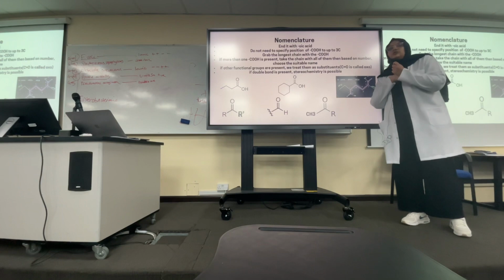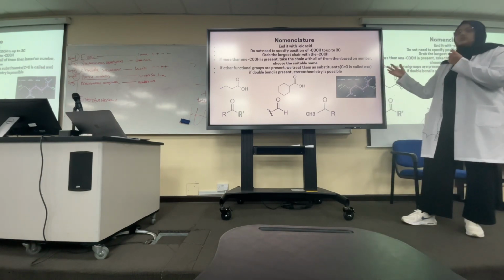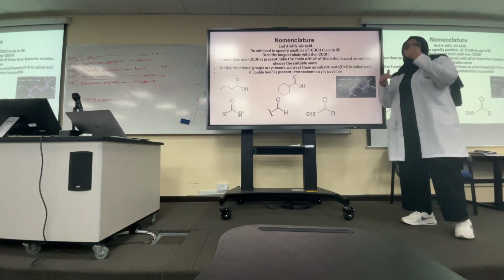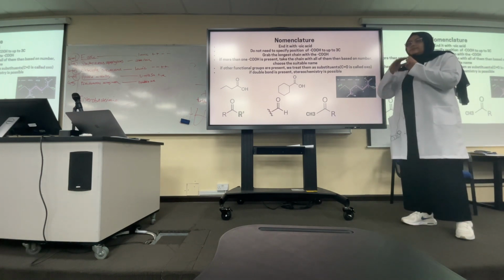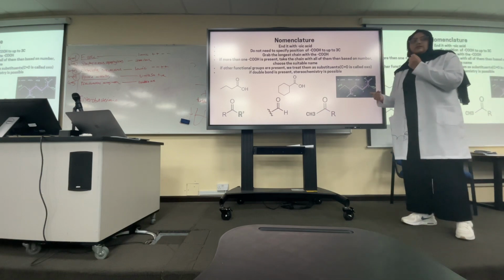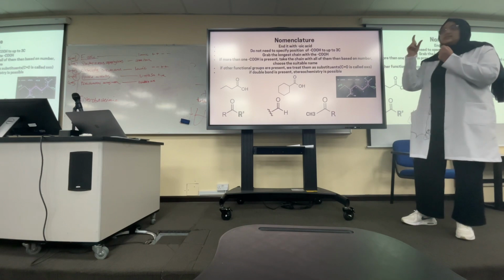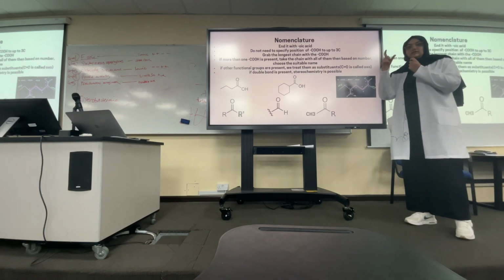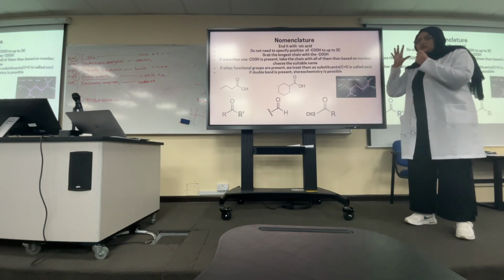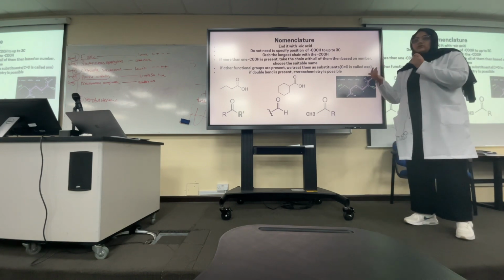Because they gave us a question on the final where they put E and Z, but there was no actual stereochemistry in the compound. There was no up, down, or priority, basically. So, I did say if it's E and Z there's a higher chance it's the answer, but go back to the compound, look at it, and see: can I make it E and Z or can I not?